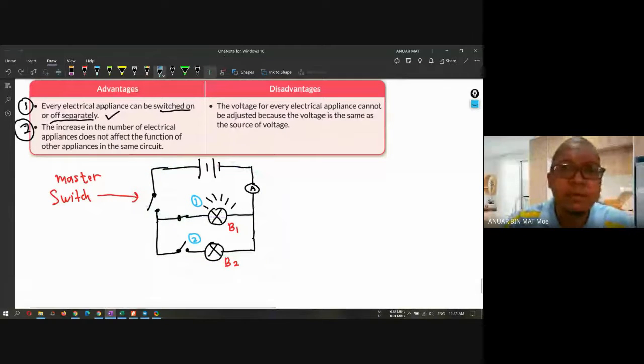Disadvantage for parallel circuit, the voltage for every appliance cannot be adjusted because the voltage is the same as the source of the voltage. The voltage cannot be adjusted. For example, if the total voltage here is about 3.0 volt, and then B1, how much is B1?